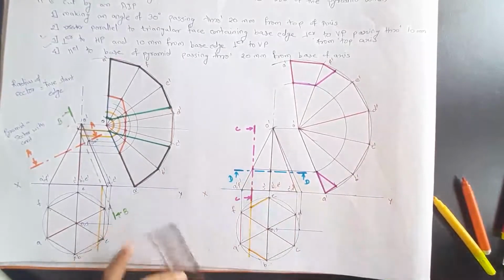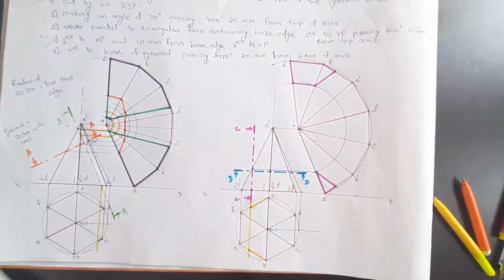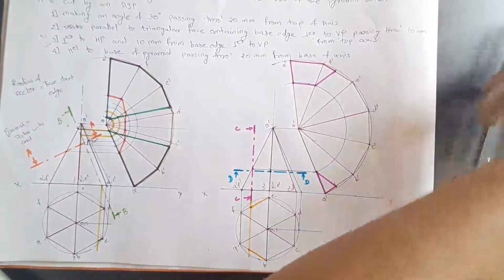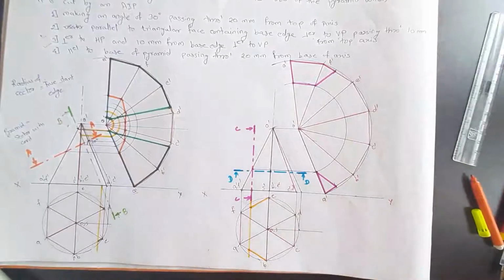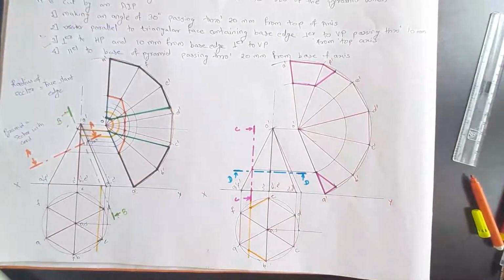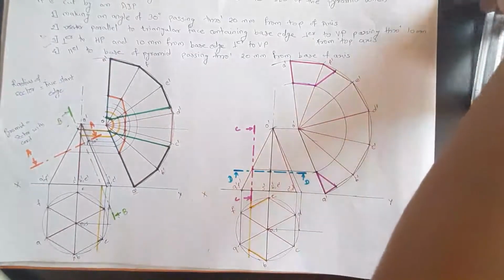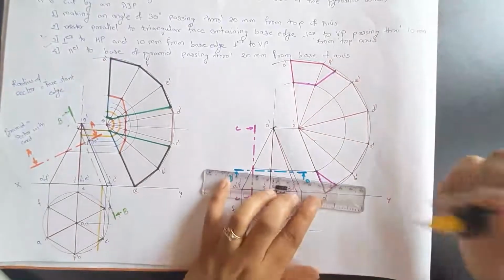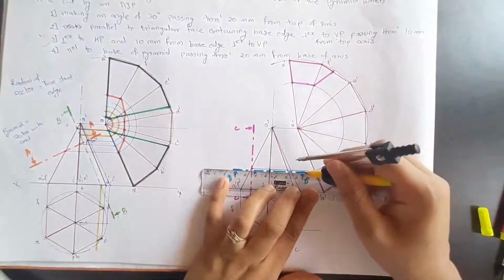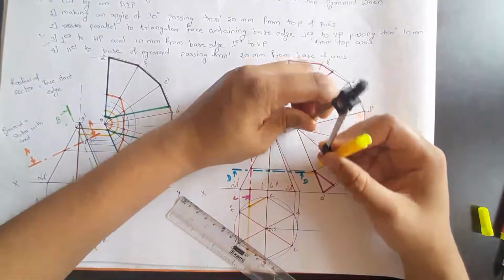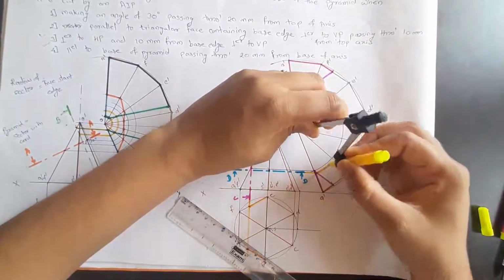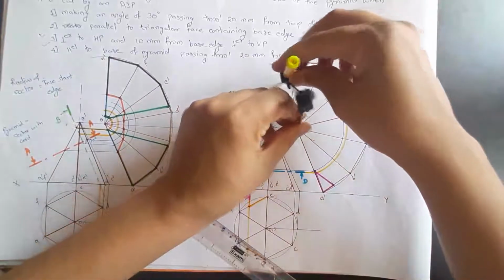Now it is cutting all the longer edges. So we have to take the projection towards the longer edge of development. So let's take the projection towards the longer edge. When we take the projection toward the longer edge, it is cutting here. Okay. And then draw the arc.